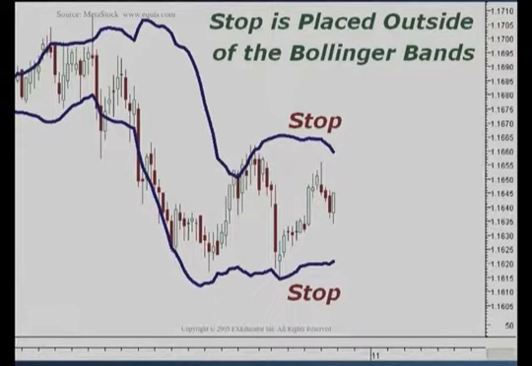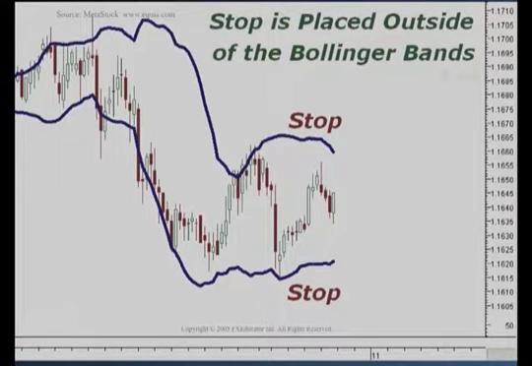But it's also very possible that by placing your stop outside of the Bollinger Bands, depending on where the price is located, you could be creating too much risk, so always be on the lookout for that. Also, you could simply combine Bollinger Bands with a support resistance technique. In other words, perhaps you have a stop that is beneath support and also happens to be outside of the range of the Bollinger Bands for the time frame that you're trading. That would be a stop that is being confirmed by more than one method.